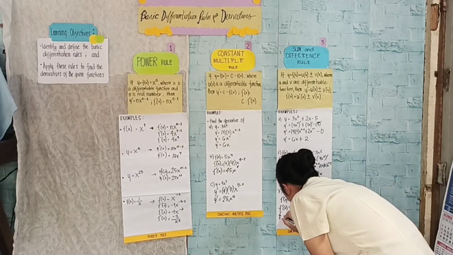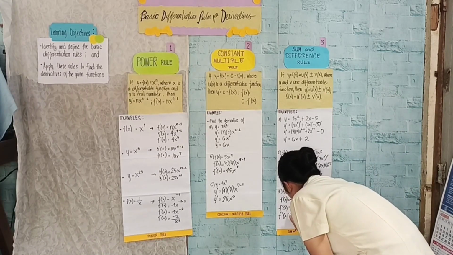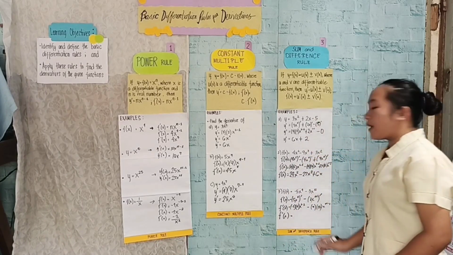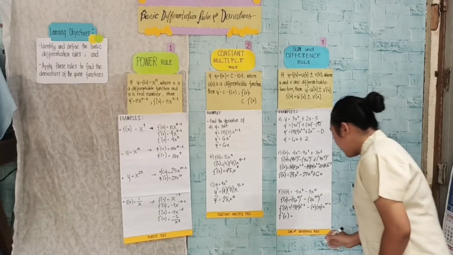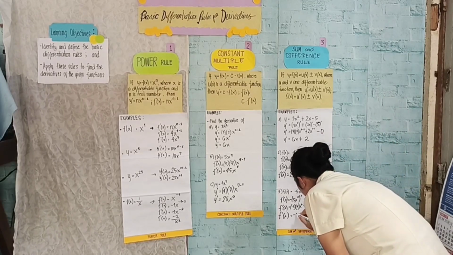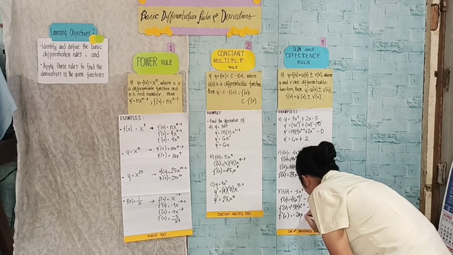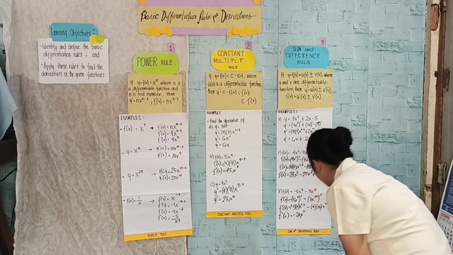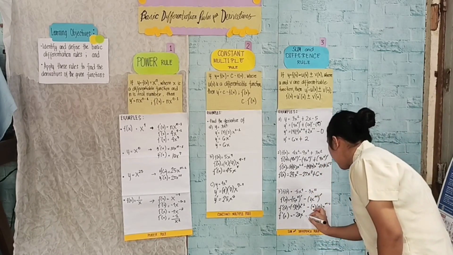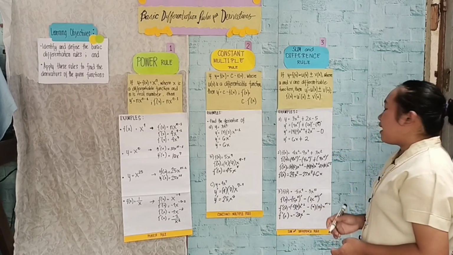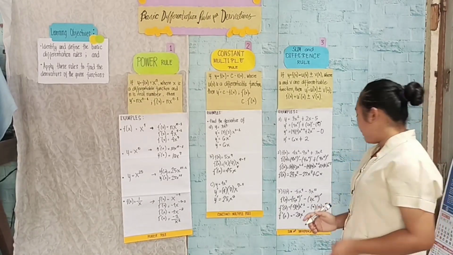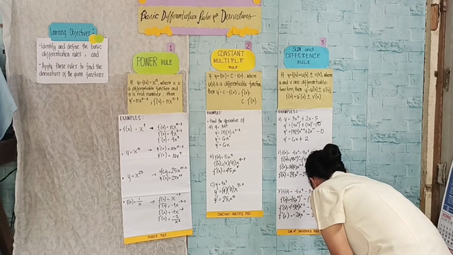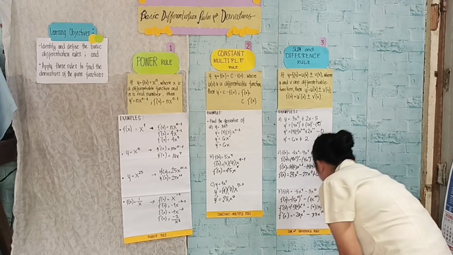So our final answer is f prime of x is equal to negative 5 times 4, negative 20. Negative 20x to the 4 minus 1 is 3, or negative 20x cubed, minus 3 times 11. 3 times 11 is equal to 33x raised to the power of 10.